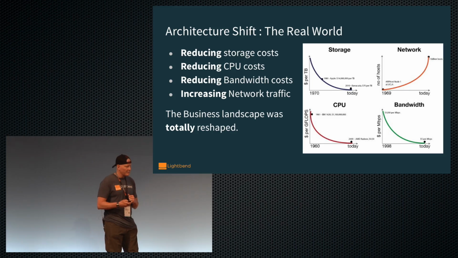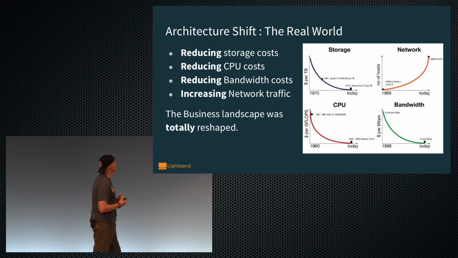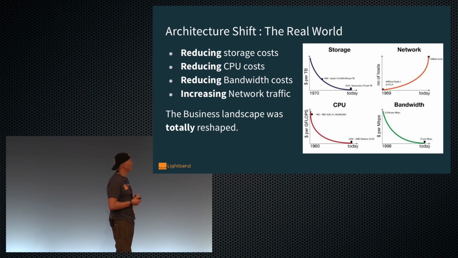But in so doing, we now have these systems, the network is the computer, the Sun moniker there. We have these systems because things that used to be extremely expensive, like storage and network, are now cheap. When I was younger, I had a TI-99, and I think I paid $1,500 for the whole system.